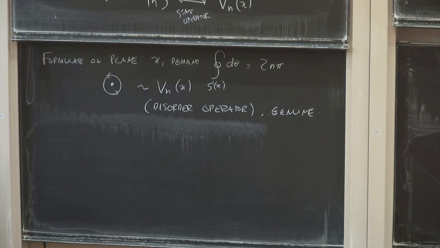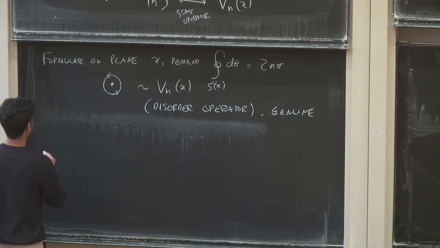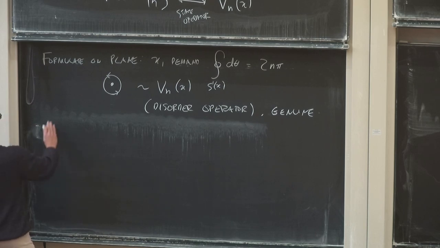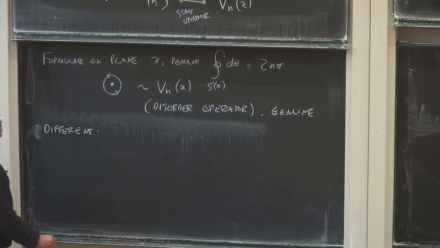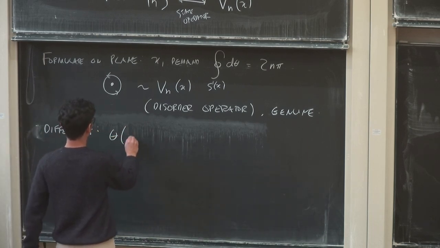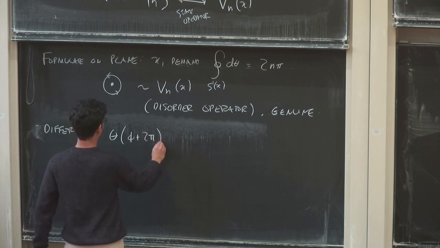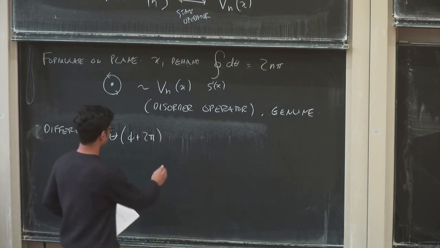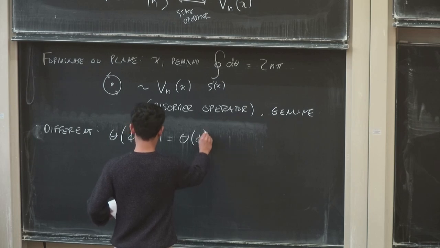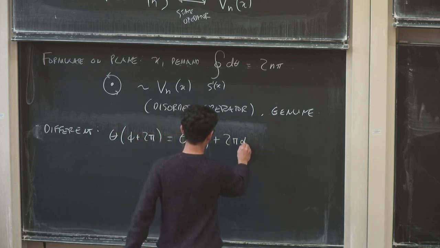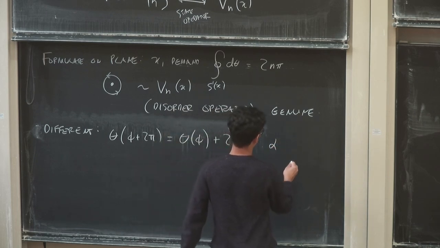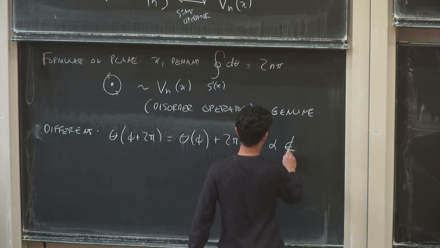Now let's do something which feels wrong. Let's now go back to the cylinder and study a different boundary condition. Let's study the boundary condition where theta of phi plus 2 pi is equal to theta of phi plus 2 pi alpha, where alpha is not an integer.